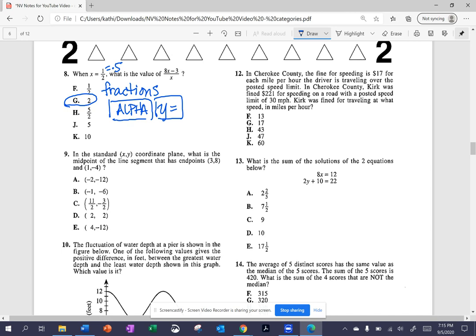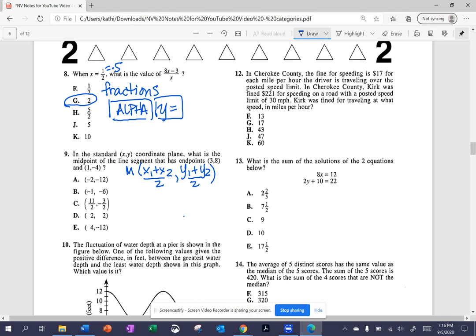Number 9. In the standard xy coordinate plane, what is the midpoint of the line segment that has endpoints 3, 8, and 1, -4? So this is my midpoint formula, where I add my x coordinates, x1 plus x2, and divide by 2, and I add my y coordinates, y1 plus y2, and divide it by 2.